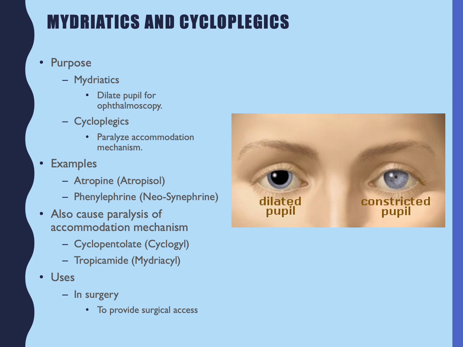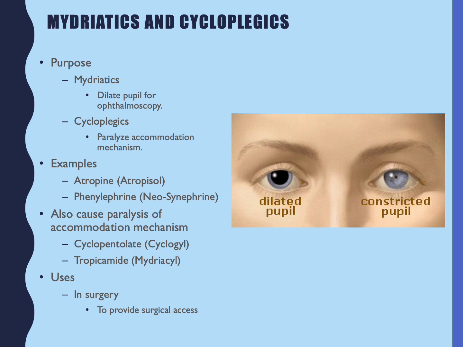Both Mydriatics and cycloplegics cause mydriasis, which means pupil dilation. And the way that they do that is by paralyzing the sphincter muscle of the iris. Cycloplegics are also going to paralyze the accommodating mechanism. Remember, this means that they won't be able to focus their lens properly, which means patients are going to be unable to see near objects clearly.